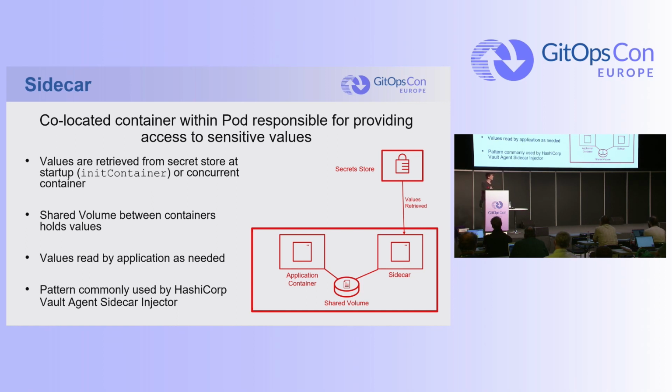Read the value from the file system, remove it, then start your application up, so that it's only available at that initialization point and is removed immediately. So if someone gets a session inside your container, they can't access it if it's stored in memory within your application. And this, as I mentioned, is a very common pattern with the Vault sidecar.